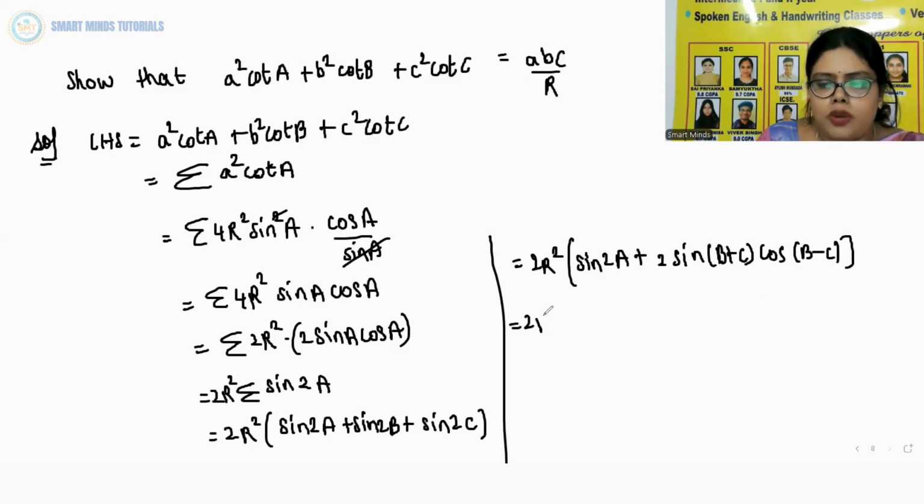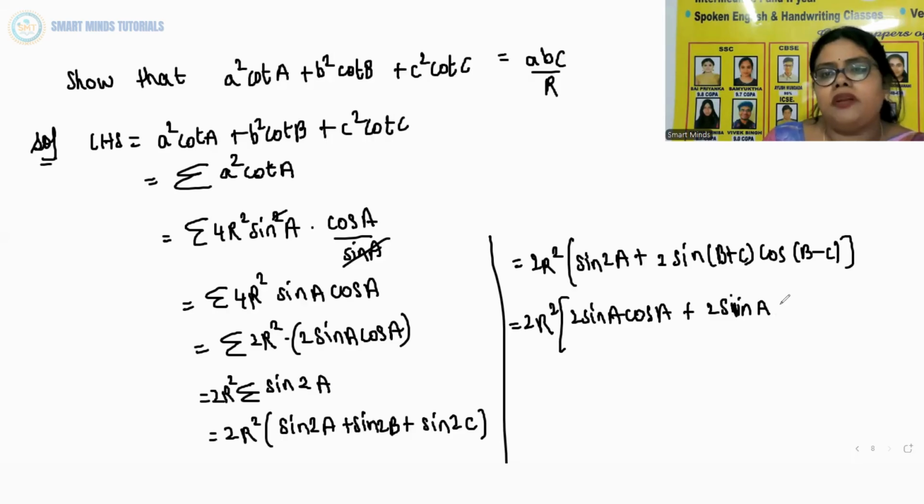So that is 2R square into, now sine 2A we can write as 2 sine A cos A, plus 2 sine (B plus C), which is sine A, because B plus C can be written as 180 minus A, into cos (B minus C).